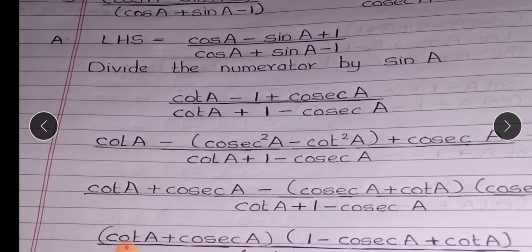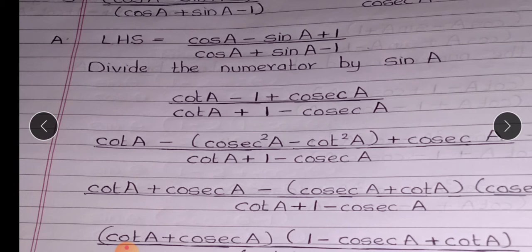Cot A minus cosec square A minus cot square A, the whole divided by cot A plus cosec A. Students, once again I am telling you, instead of this 1, I have written cosec square A minus cot square A because cosec square A minus cot square A is equal to 1. Okay.